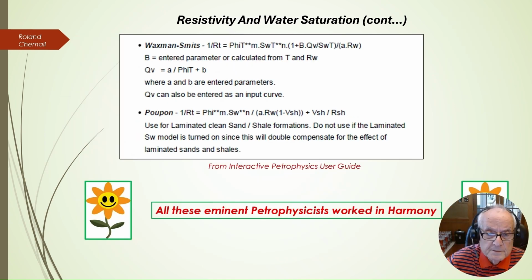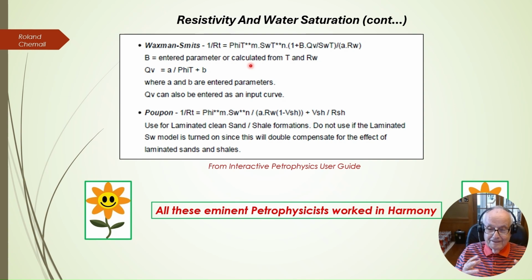So I just wanted to thank you, Kent Newsham. There are others. Waxman and Smith introduced initially the concept of cation exchange capacity to account for shale. Poupon had others. Then there was Bussian, then Worthington, and then Dirk Timur and others. So all these eminent petrophysicists were working in harmony, and I'm saying that in jest.